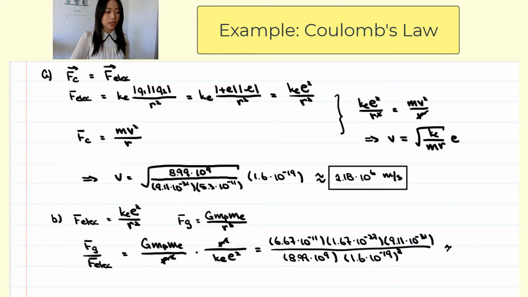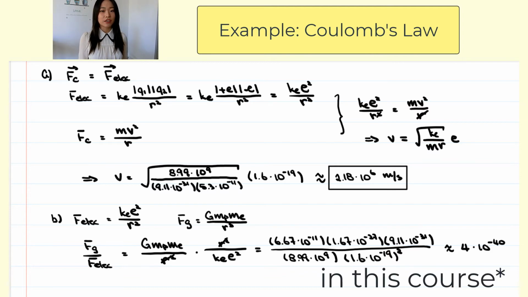And we get around 4 times 10 to the power of negative 40. So the gravitational force is this many times smaller than the electric force. So for the rest of the examples in this lecture, for most of the cases, we are going to ignore the gravity force because it is almost negligible when we compare it to the electric force.